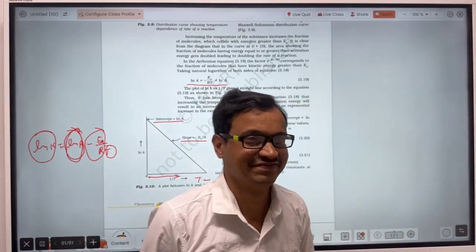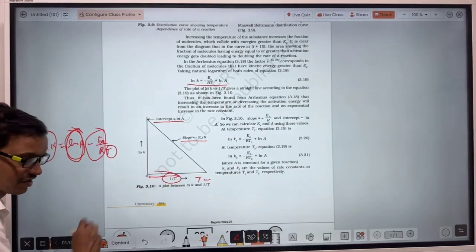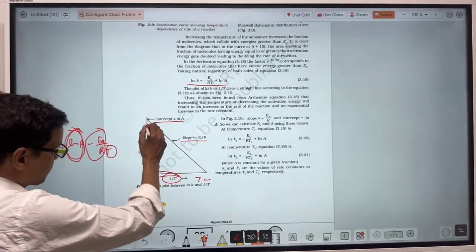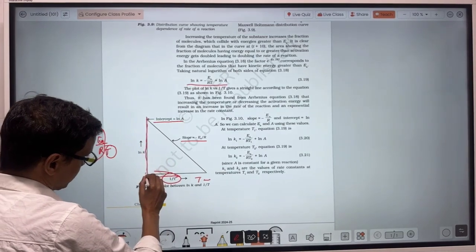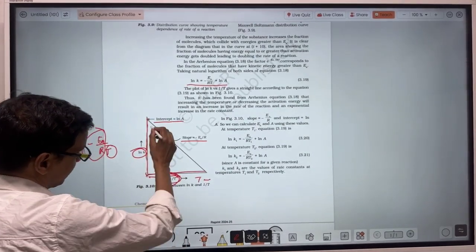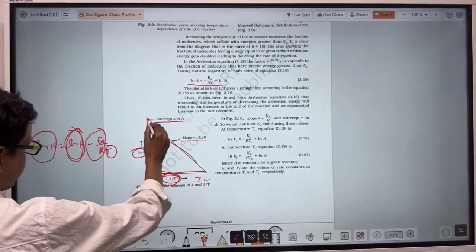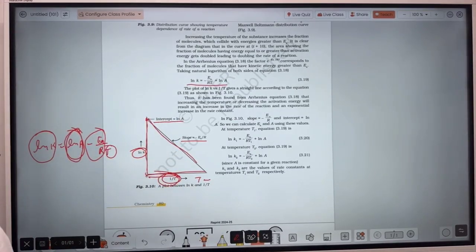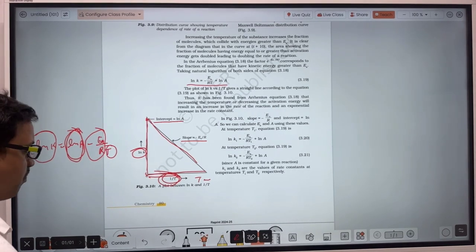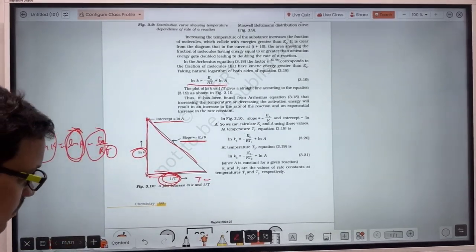Don't be confused: this is the graph of 1 by T and not T. So the graph of log K versus 1 by T is a decreasing graph, of which the intercept will be log A and the slope will be minus Ea upon R.